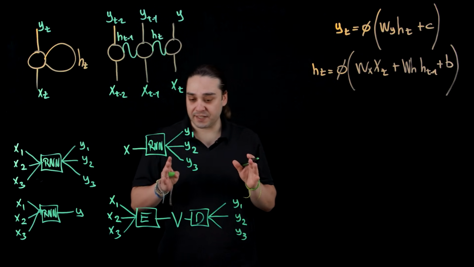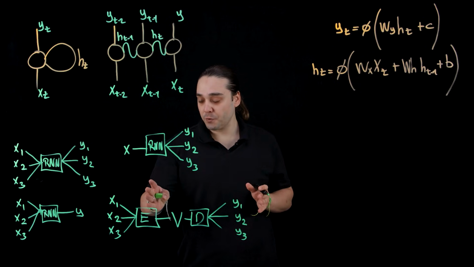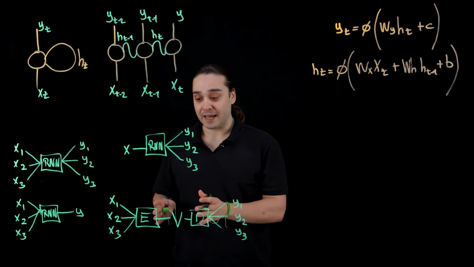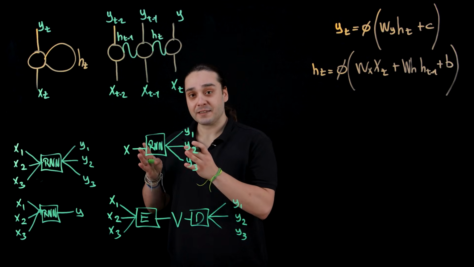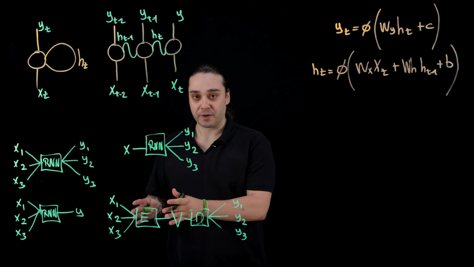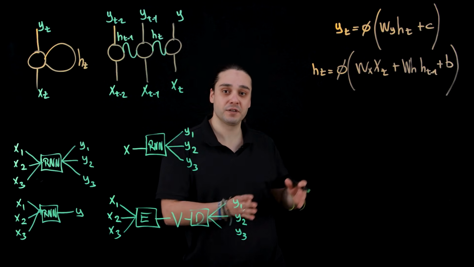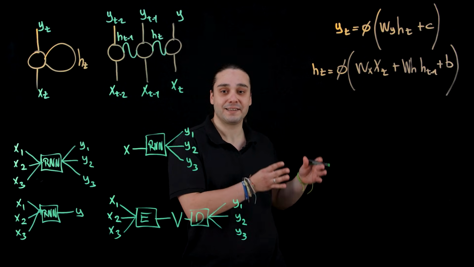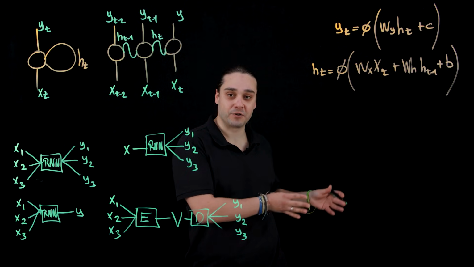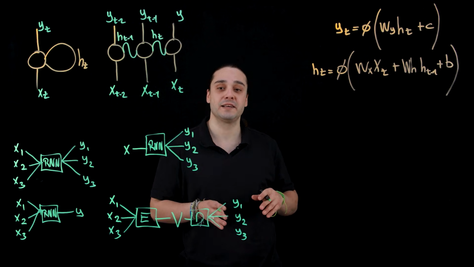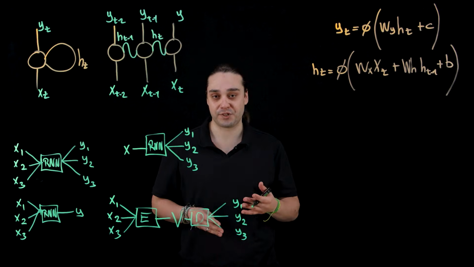We can imagine it like this: we have a sentence in one language, and we give that sentence to the encoder part. The encoder converts it into a vector, and the decoder takes that vector and converts it into a sentence in another language.